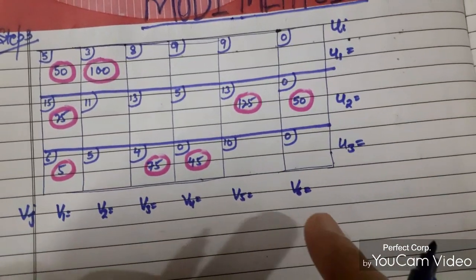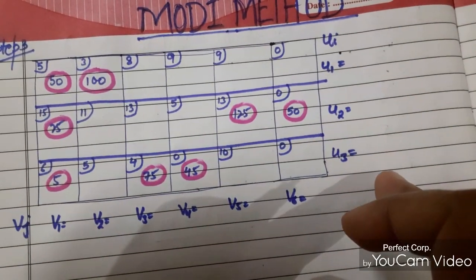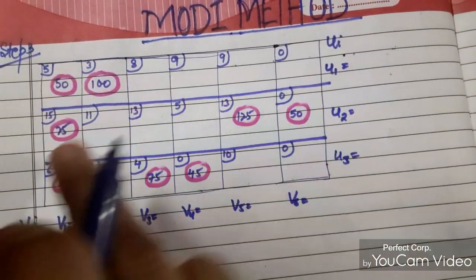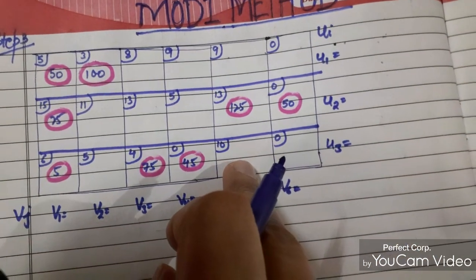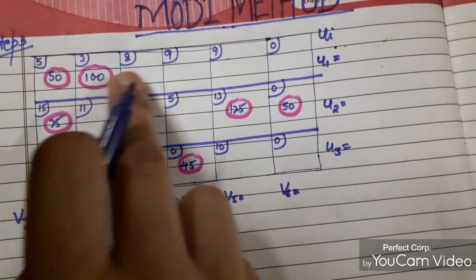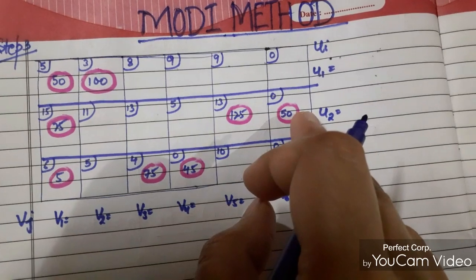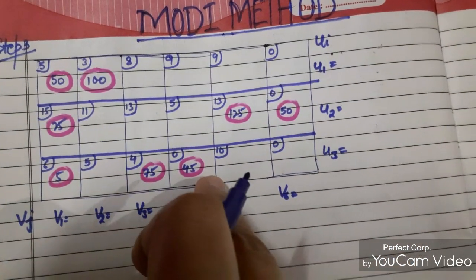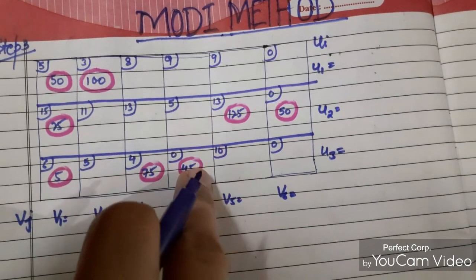The first step is to find which row or column has the maximum number of allocations. If we see this row, it has 2 allocations only. This row has 3 allocations. This row has 3 allocations. So they are actually at the same level.